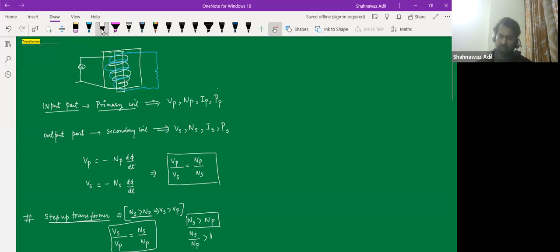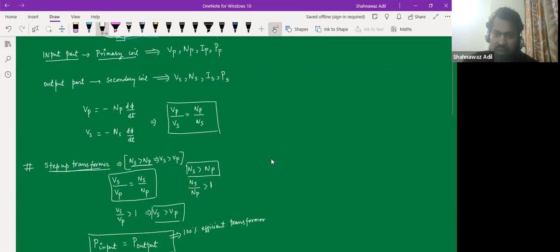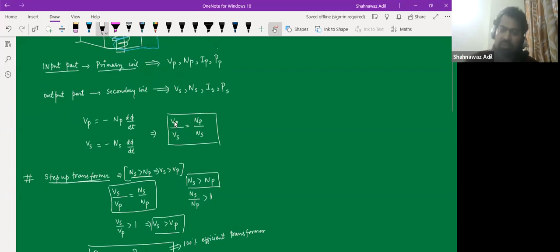VP by VS is the transformation ratio. It is the ratio of the voltages.